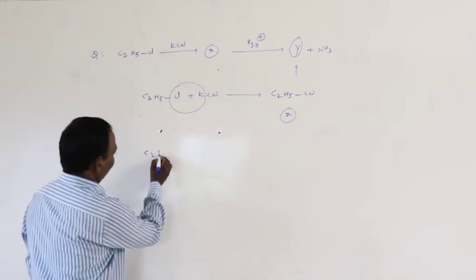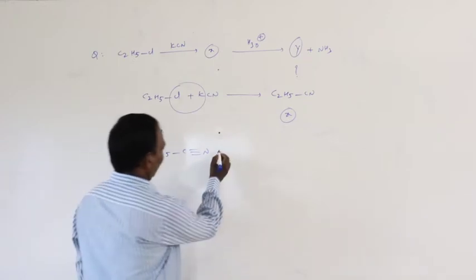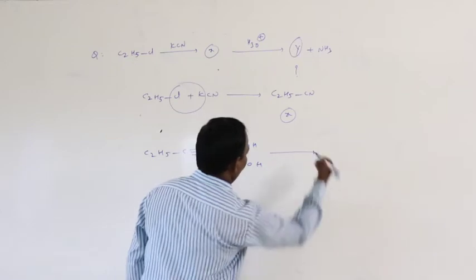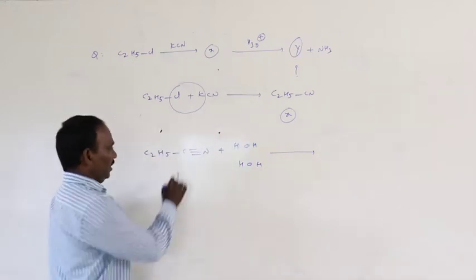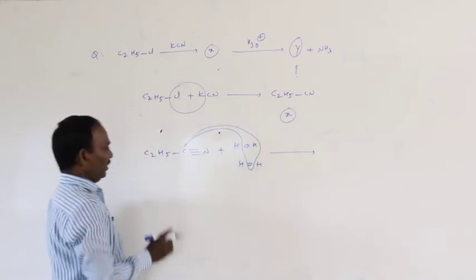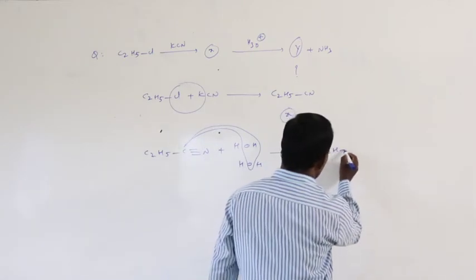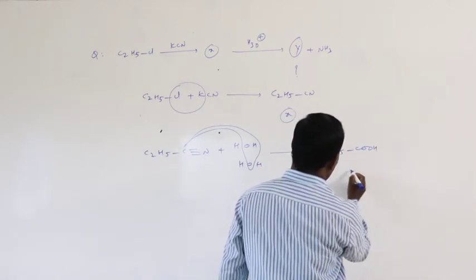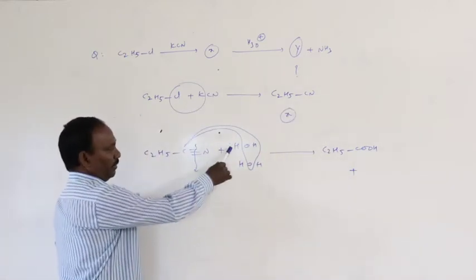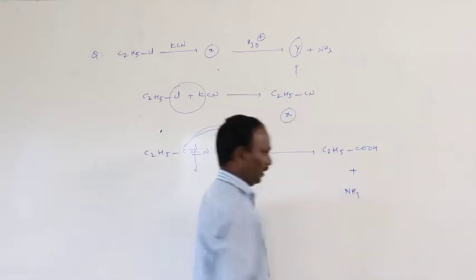Now that ethyl cyanide, C2H5CN, upon hydrolysis with 2 moles of water, the cyanide carbon is converted into acid, C2H5COOH, plus, with breakage of the bond, nitrogen plus 3 hydrogens, ammonia formation, NH3.